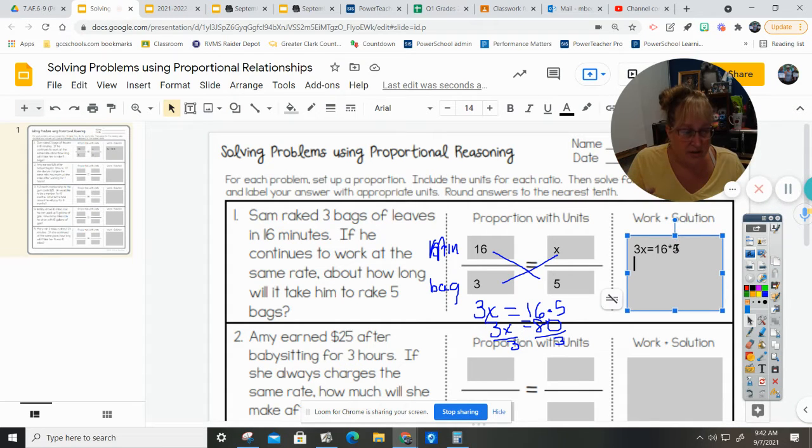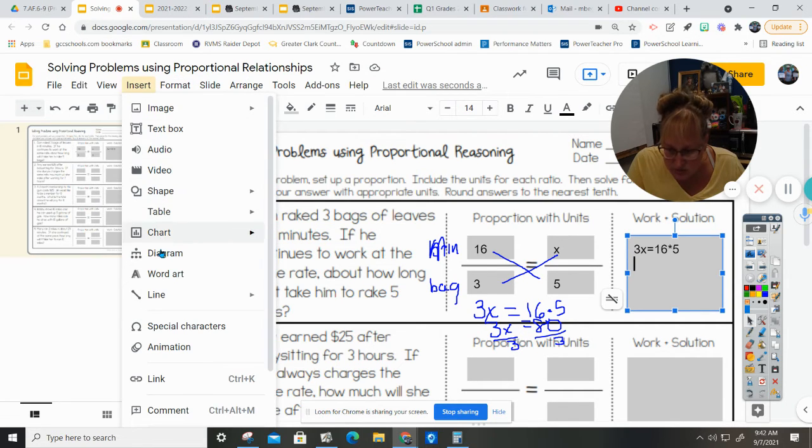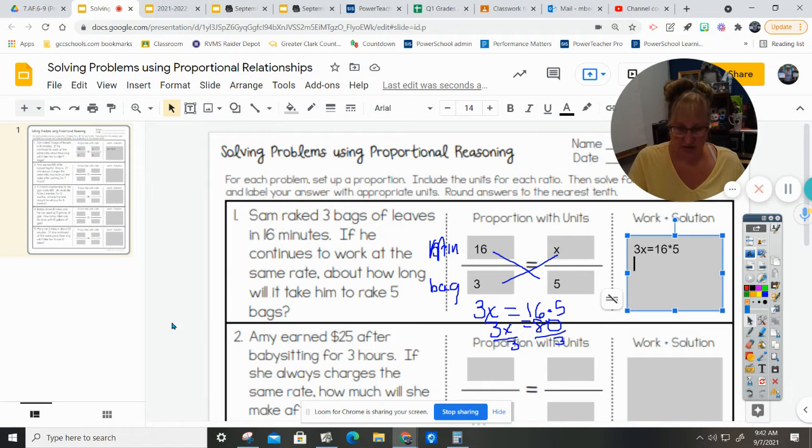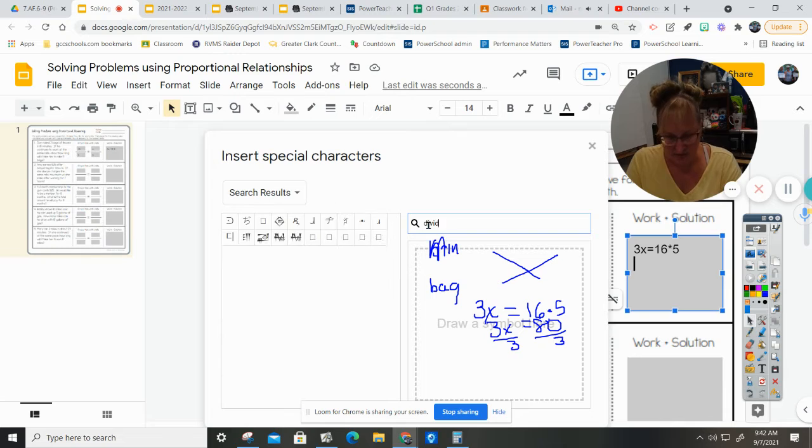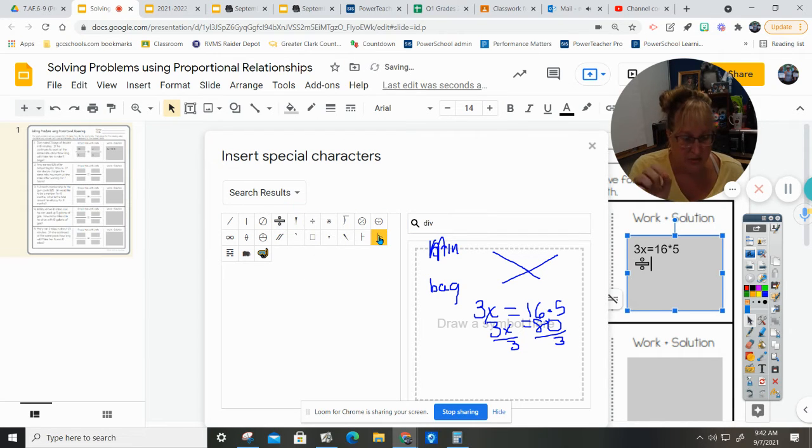Sorry, technical difficulties. Type in div, and there I go. I got this little division sign. I'll put divide by 3.